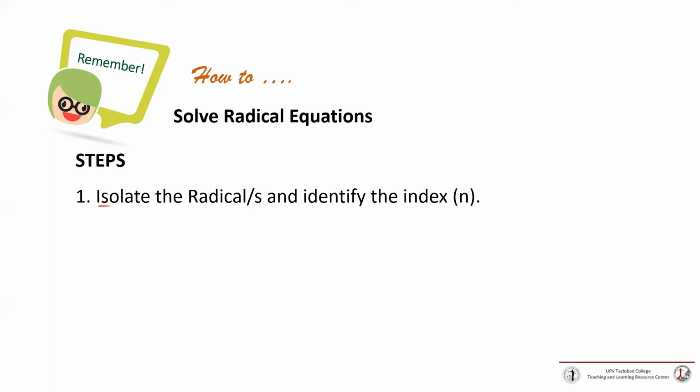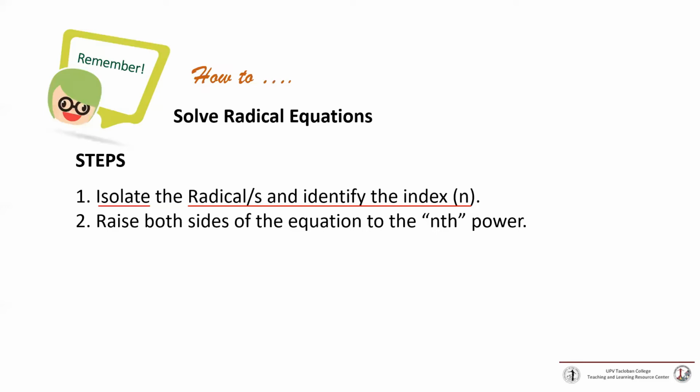So let's remember how to solve a radical equation. Here are the steps to follow. First, isolate the radical or radicals and identify the index n. Number 2, raise both sides of the equation to the nth power.